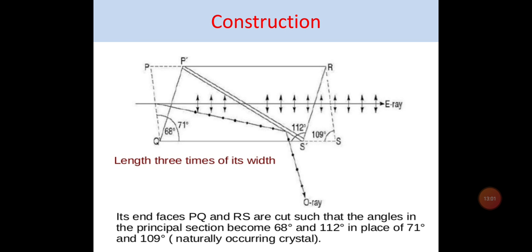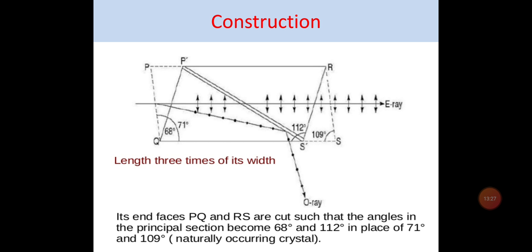But in order to have the special construction for the Nicol prism, these end faces, PQ and RS, having the angle of 71 degree and 109 degree, are ground away until they make an angle of 68 degree instead of 71 and the angle 112 degree instead of 109 degree.